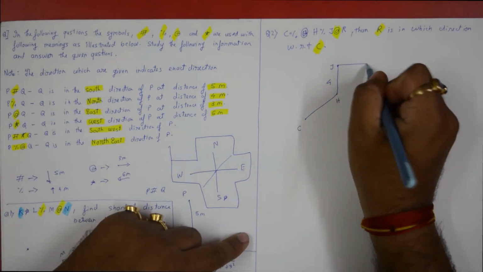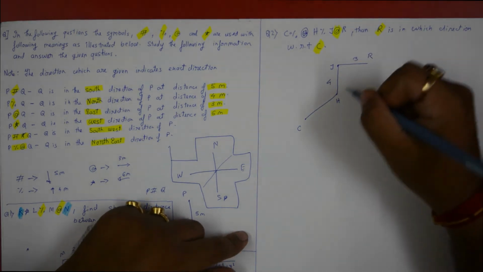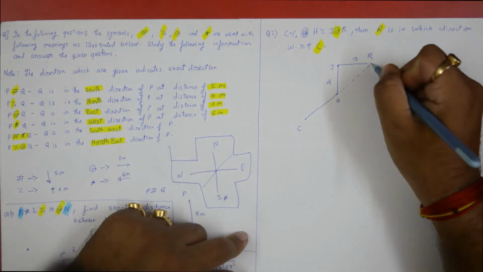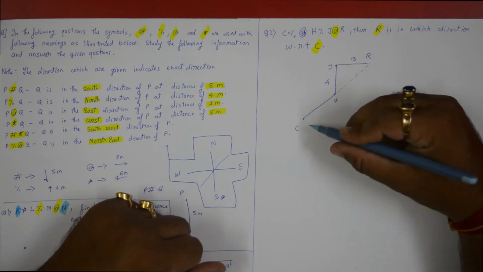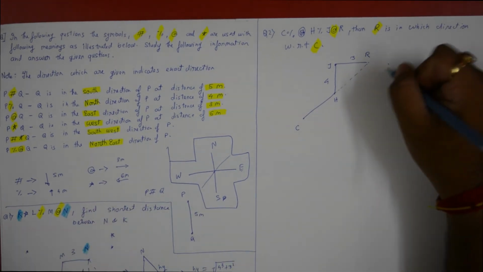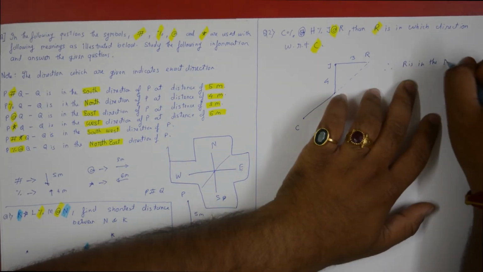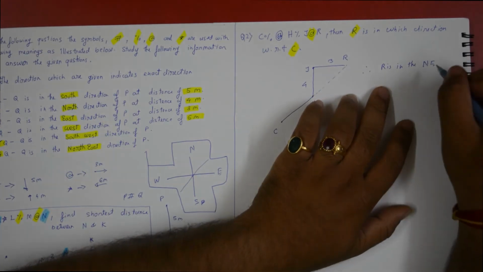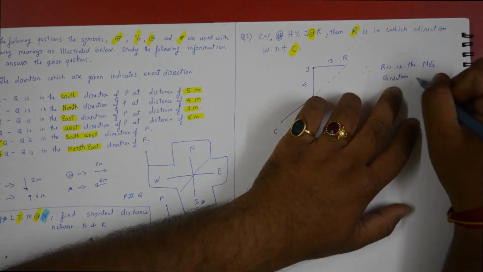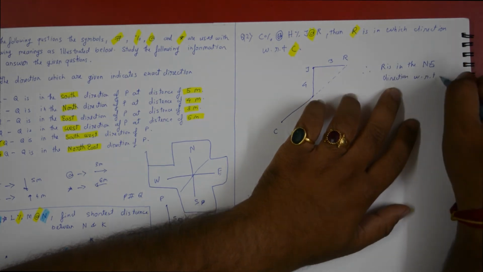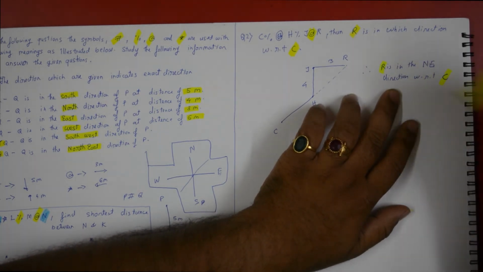So let's throw it at 3 meters in the east and we get our R. So if we see, R is more or less in the northeast direction with respect to C. So we can conclude that therefore R is in the northeast direction with respect to C, and this is our final answer.